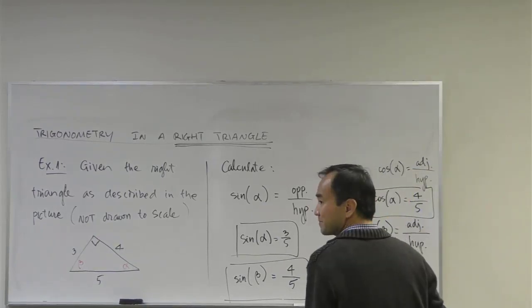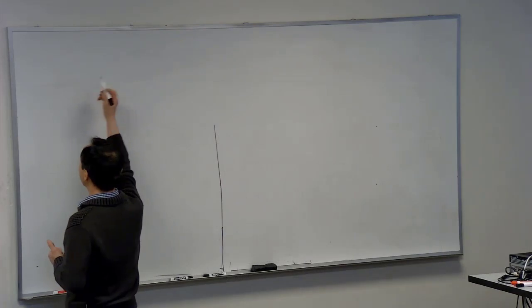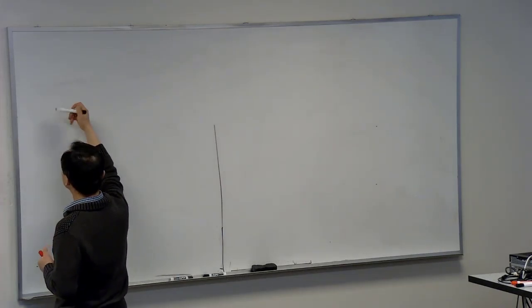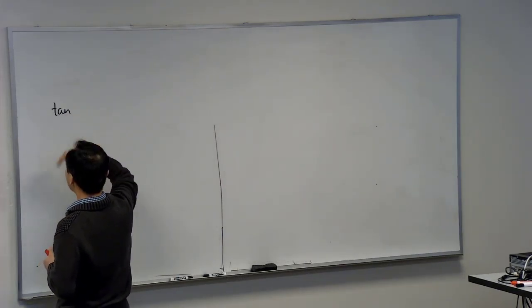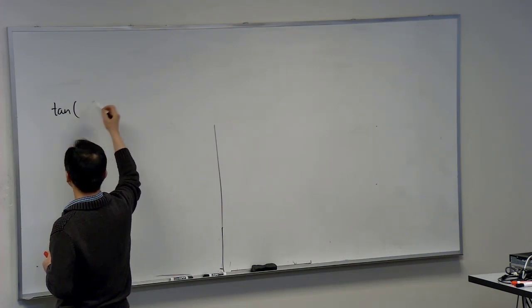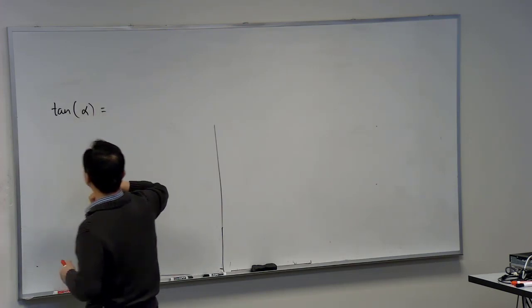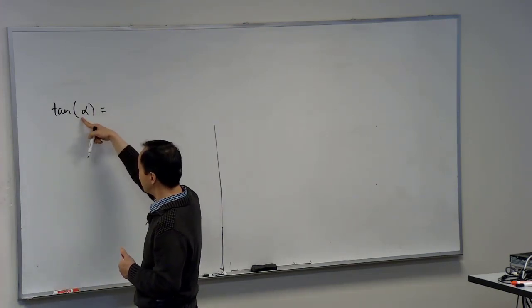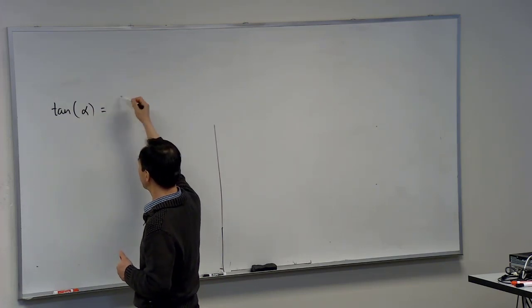From the same example, what about tangent? TOA over here. Tangent of alpha. For any specified angle, tangent is always opposite over adjacent.